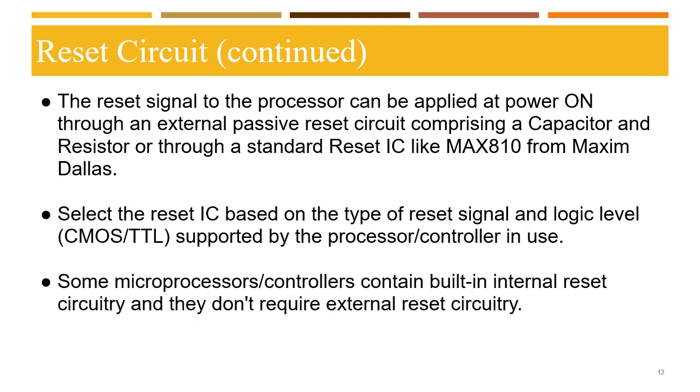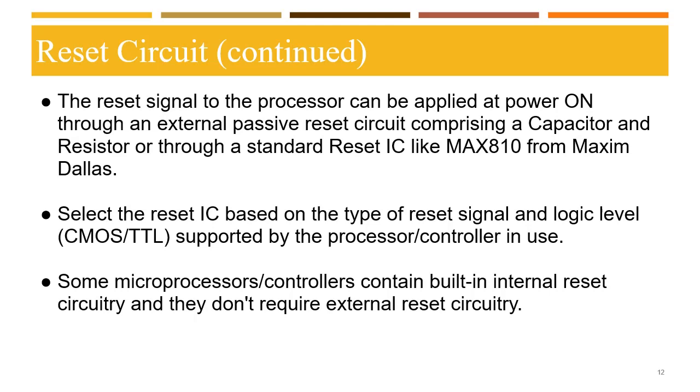For example, we have MAX810 from Maxim Dallas. We select the reset IC based on the type of reset signal or logic level supported by the processor or controller we are using.